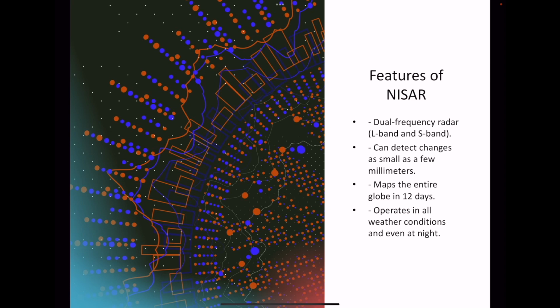So what happens here is it is a dual frequency radar. As I told, L band and S band are both being used here. It can detect very small changes, even a millimeter change it can detect. In 12 days it can map the entire globe.